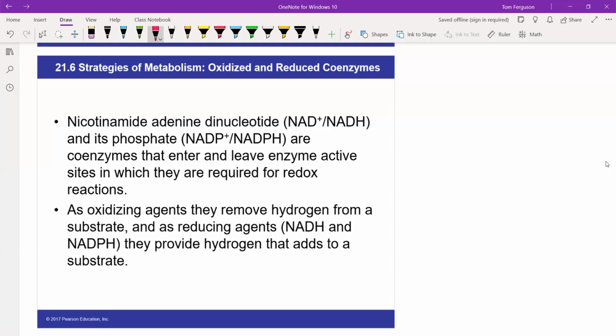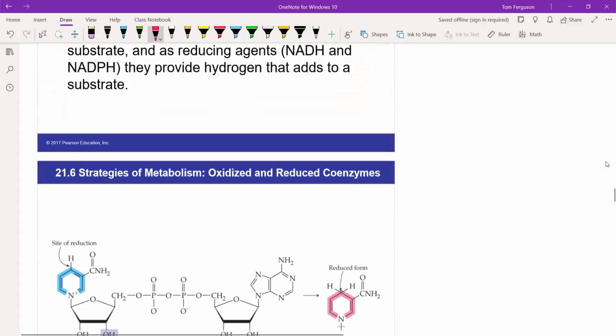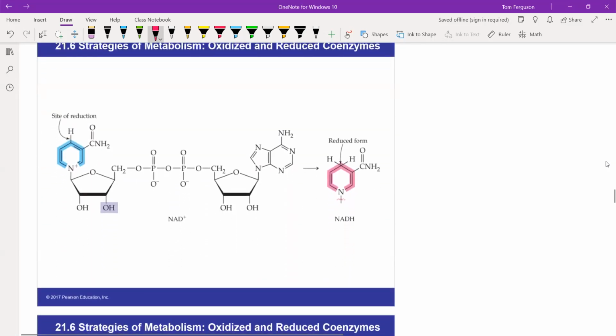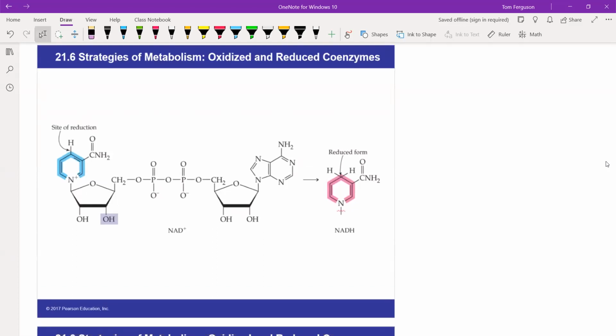So this is the oxidized form, reduced form. So this is what NADH looks like.